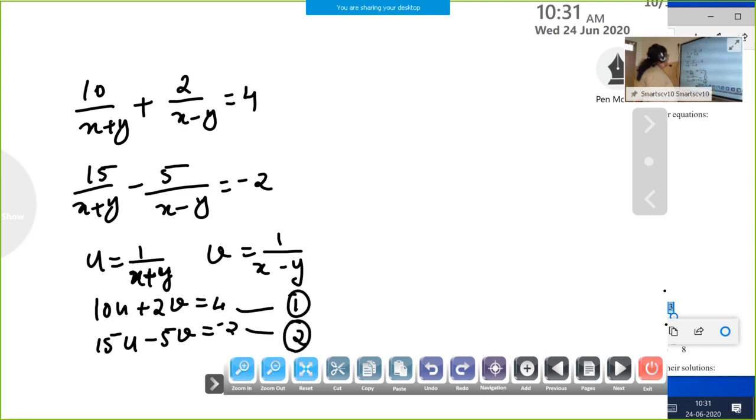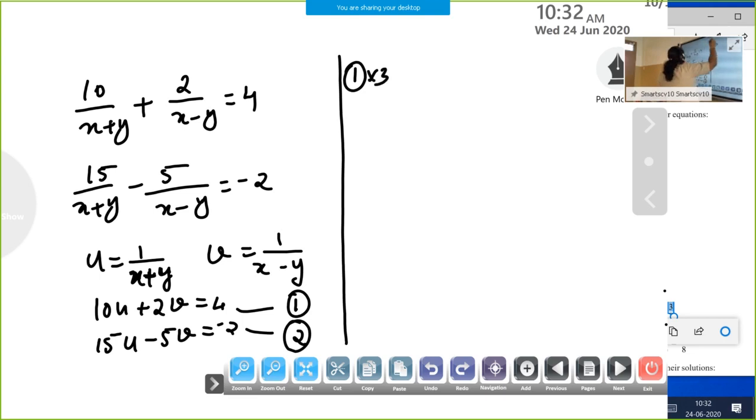Using elimination method, solve the equations. One is 10u plus 2v is equal to 4. Other one is 15u minus 5v is equal to minus 2. First equation into 3: 30u plus 6v is equal to 12.